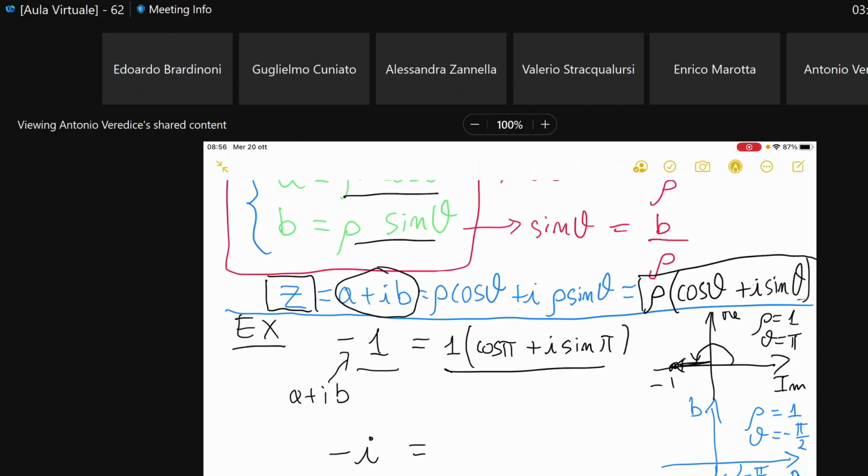Since rho is 1, we can cancel it out, and it is cosine of -pi over 2 plus i sine of -pi over 2. Are you okay with this? Have you got questions on this? Give me some feedback on this point.